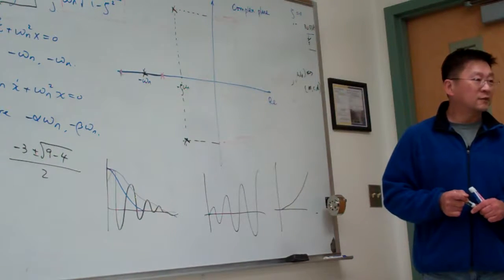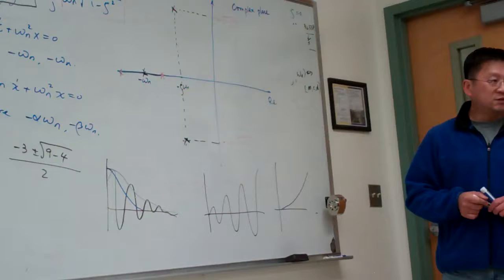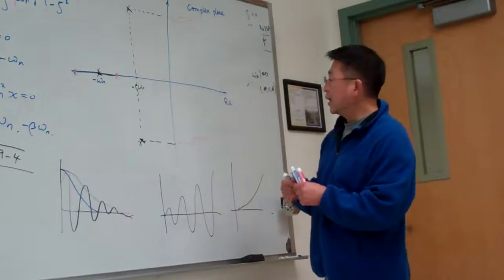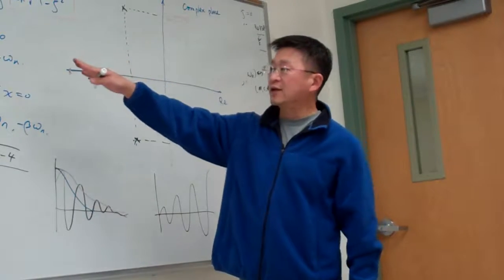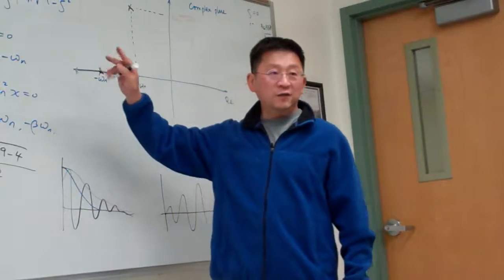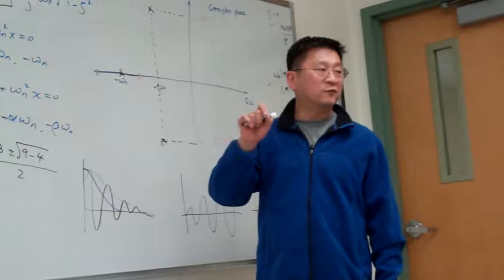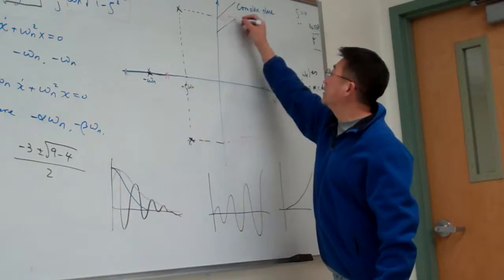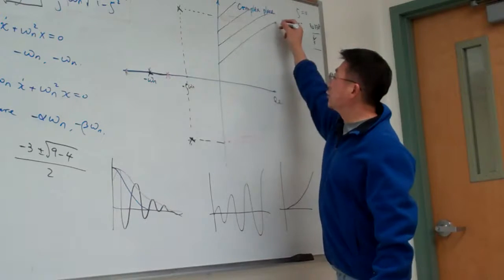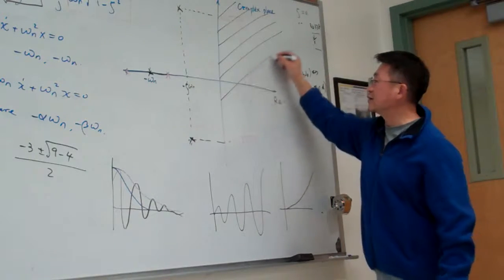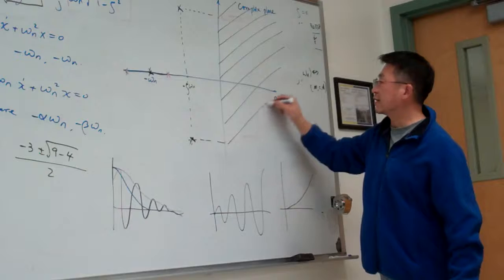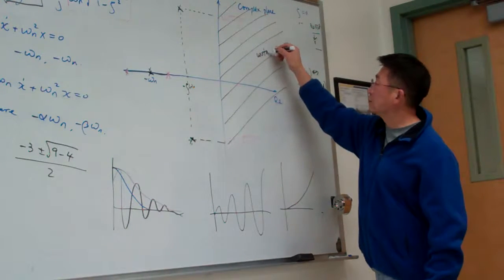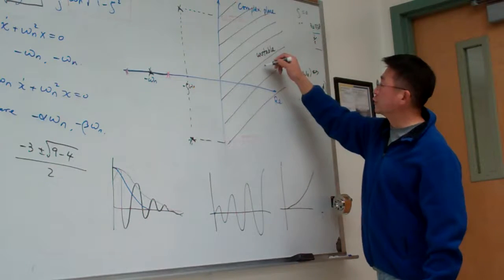Any unstable system corresponds to this: as long as you calculate the characteristic root, if the root has a positive real part, that means your characteristic root is located on the right-hand side of the complex plane, then that's an unstable system. Unstable region.